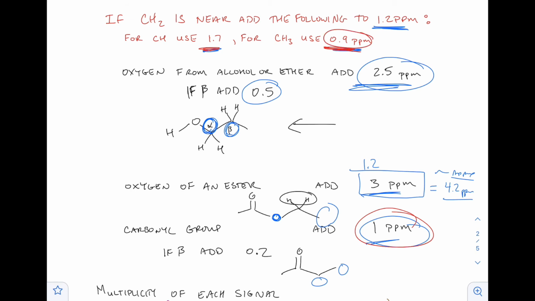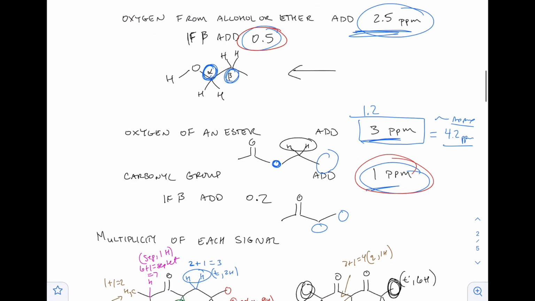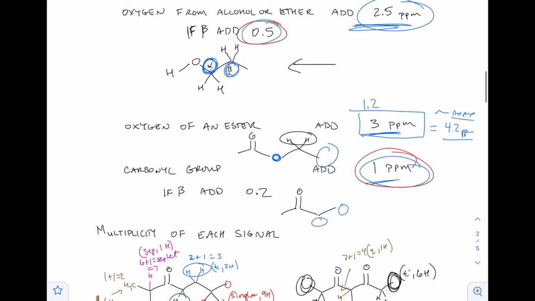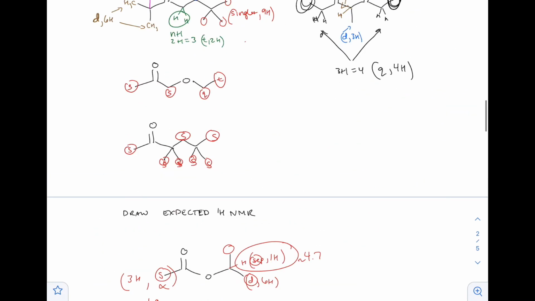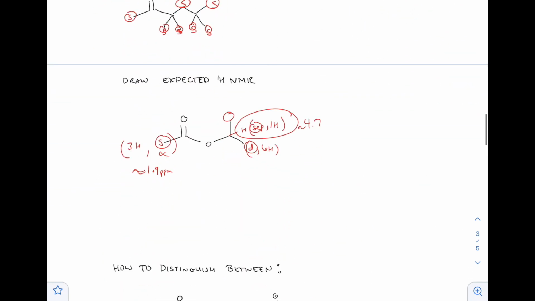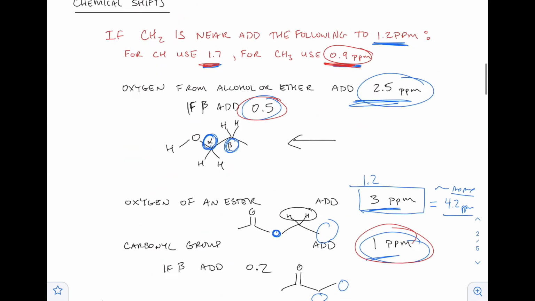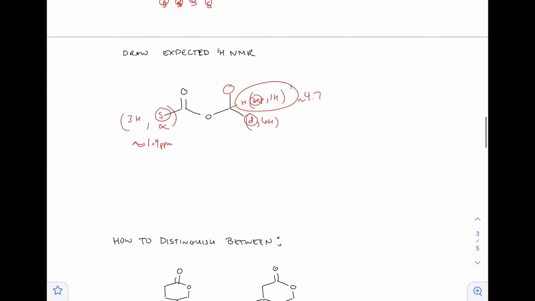And then notice the beta proton here is like 0.5. And then the beta up from that carbonyl group is 0.2, so we can add somewhere in between there. Let's just add like 0.3 for funsies. So what was I at? 0.9. 0.9 plus 0.3, we'll go with approximately 1.2 ppm. Why not? Okay, we're totally guessing.